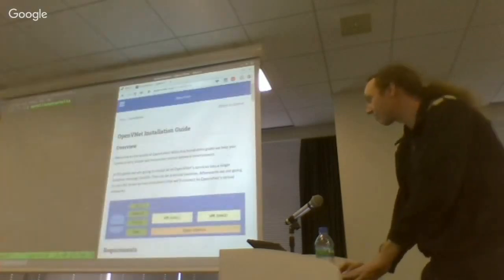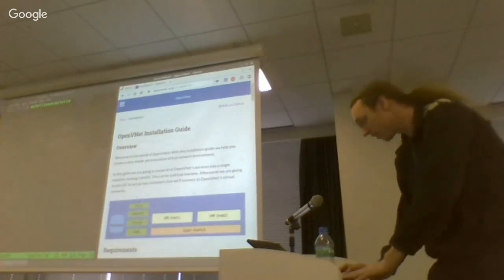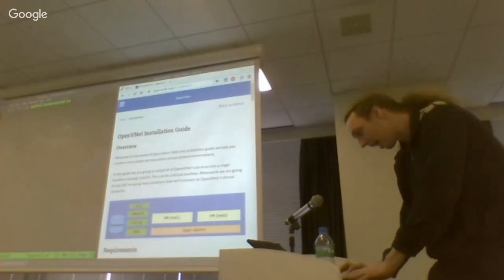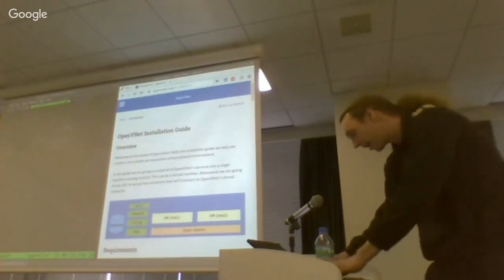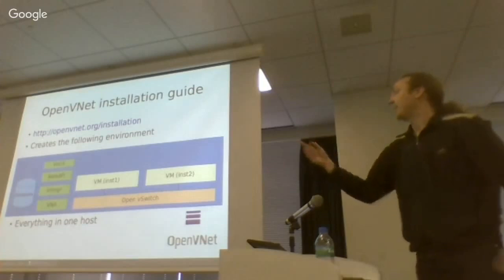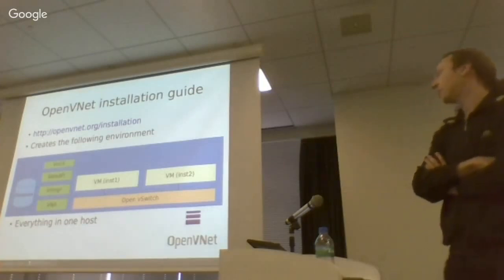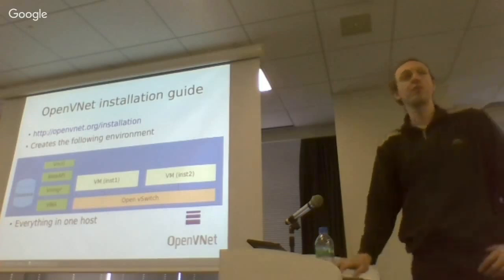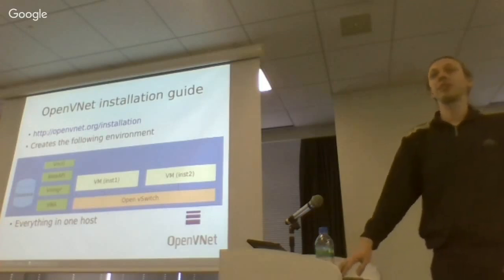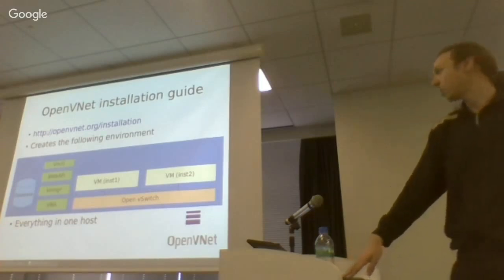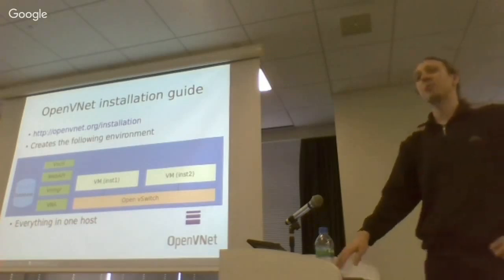So, let's see, where was I? This is what we're going to be installing today. We're just going to take one virtual machine. I'm actually going to be running a virtual machine on my laptop that's running CentOS, because currently we only officially support CentOS.